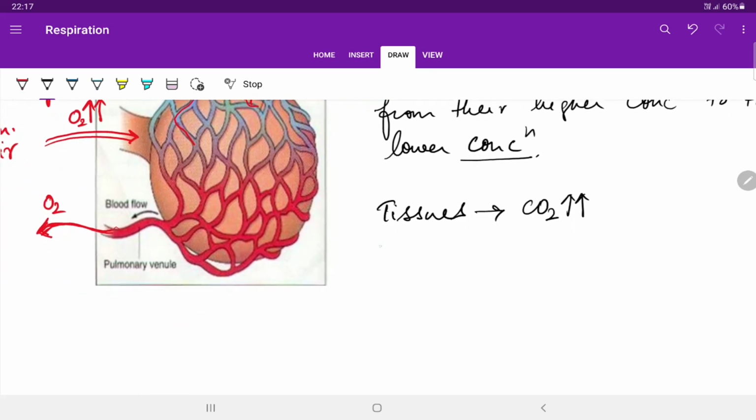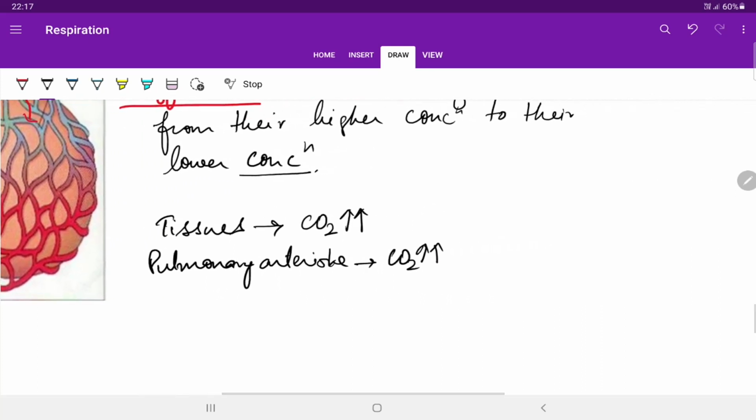Okay. In the pulmonary artery, pulmonary arteriole, whose concentration is higher? Carbon dioxide concentration is higher. Okay. But at the same time, in the alveolar sac, whose concentration is higher? Oxygen concentration is higher.